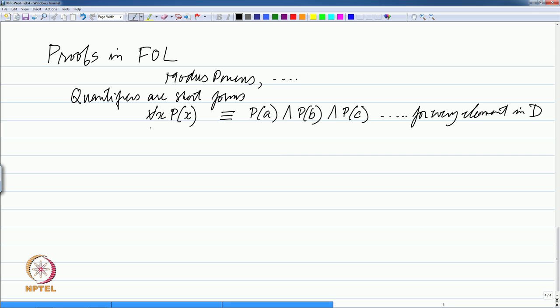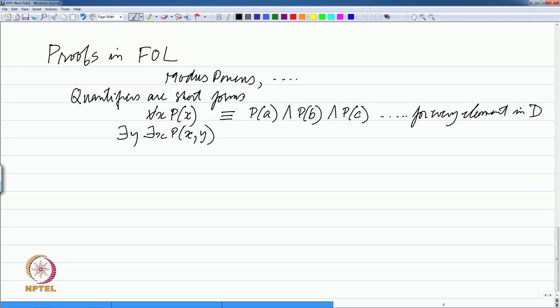Likewise, there exists x P(x), or let me use a predicate with two variables.